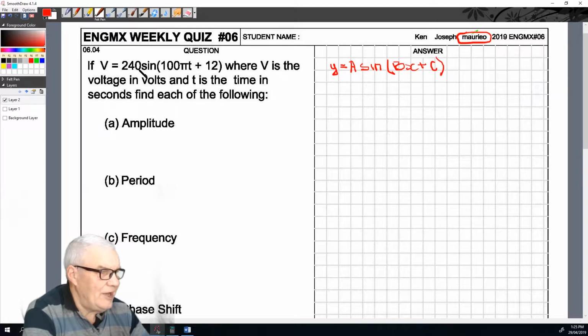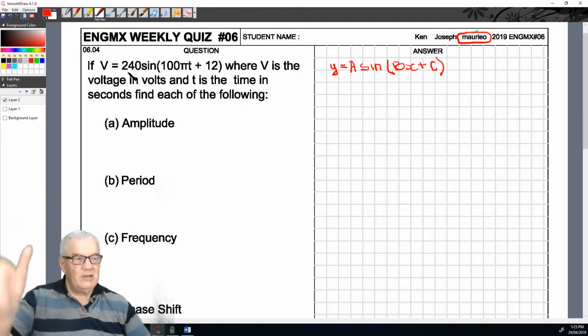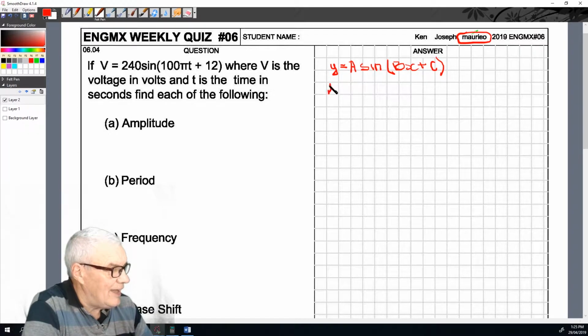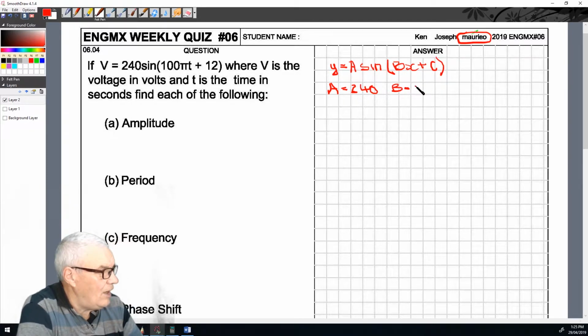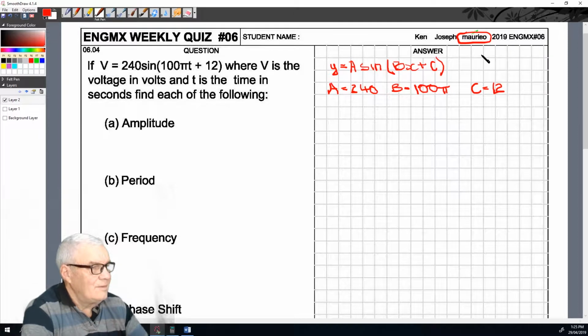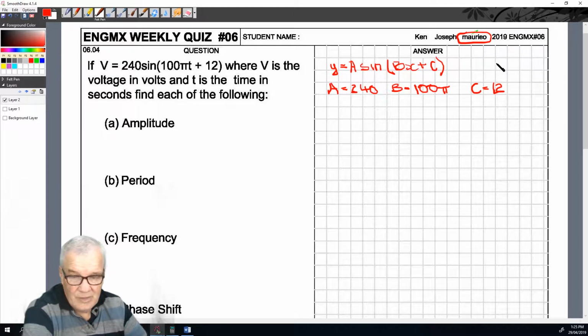And we can see here that the formula that we've got is in that form, and we can see that a is 240, b, now in this case, t instead of x, is 100 pi. And c equals 12.